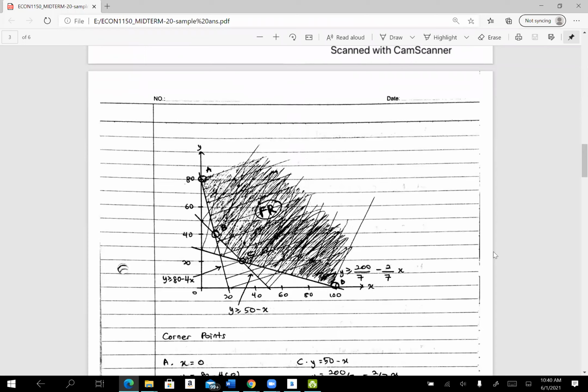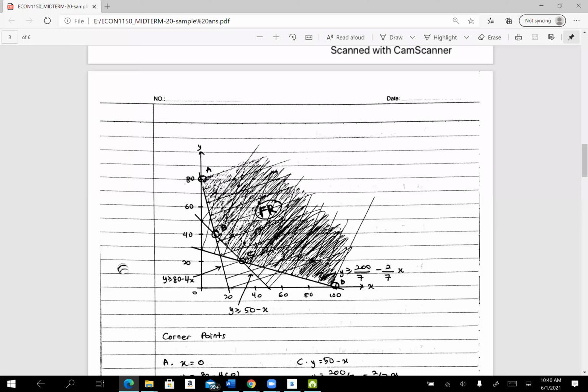Okay, so here you got the graph. So you look at your answers. Is there any difference from what you have here? So the first equation corresponding to the first inequality, you will get, as we do it, 80x plus 20y.